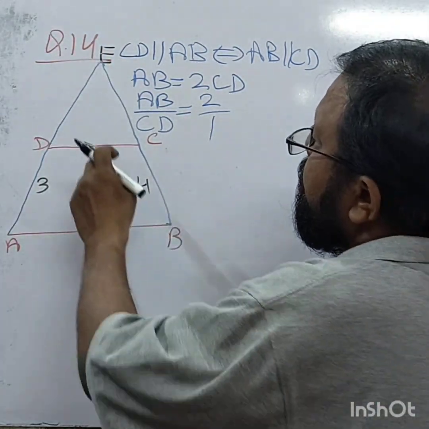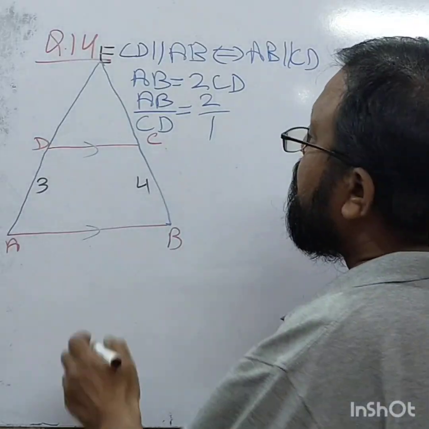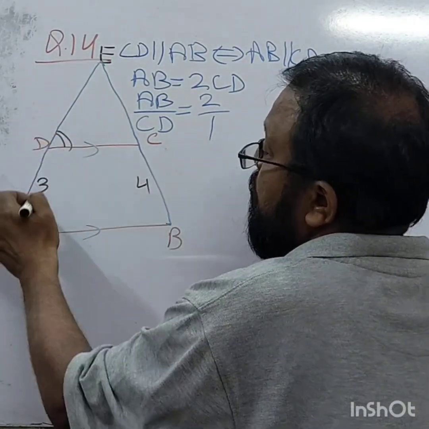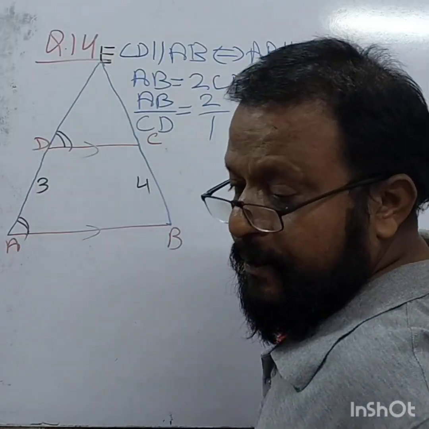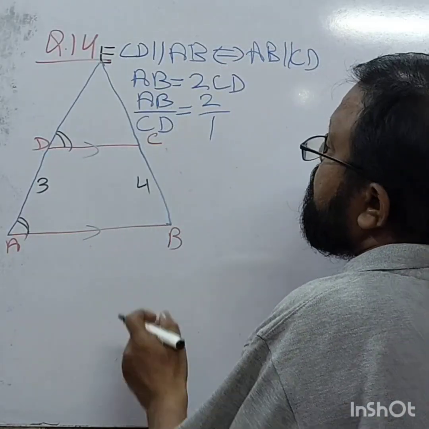Right? These two lines are parallel. So these corresponding angles are equal. So on this side, what happens?